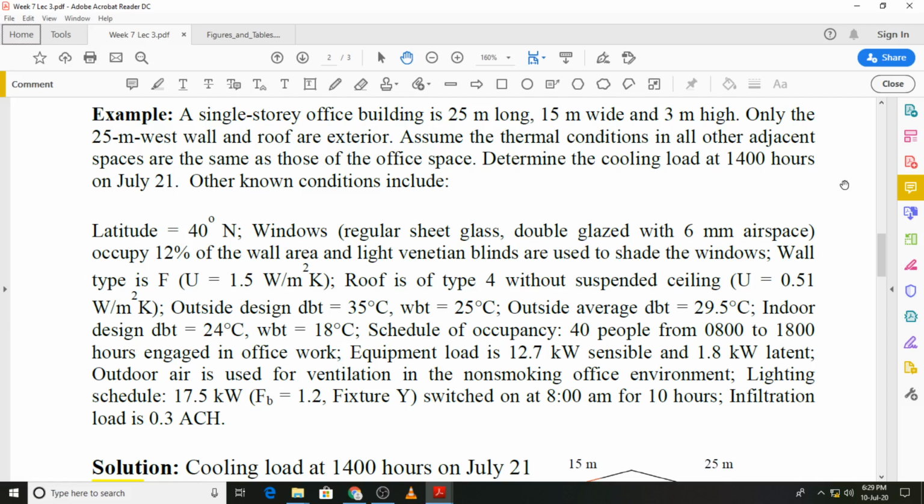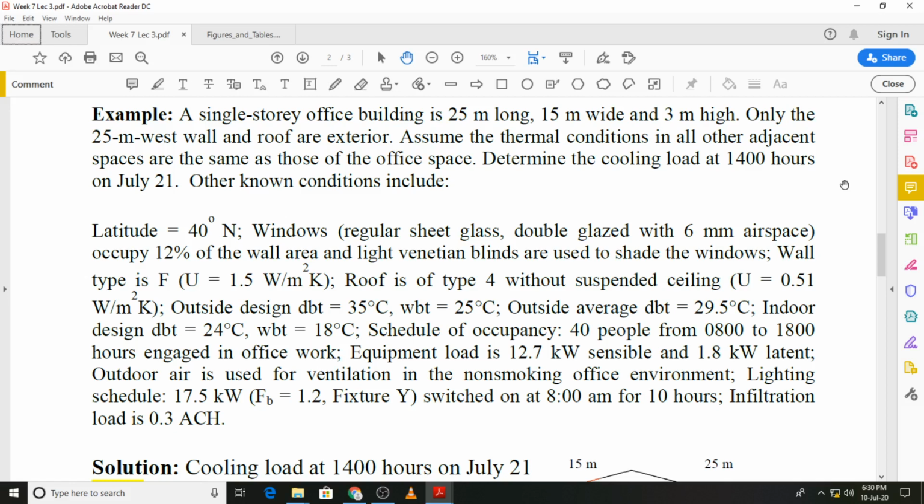In the first case, we have the conductive heat gains through the exposed wall, exposed roof, and any door or window that is exposed. If there is a window, because it's a transparent surface, the heat gain through the window is further divided into two parts. One is the conductive heat gain, the other is the solar gain or the thermal radiation which is transmitted through that transparent surface.